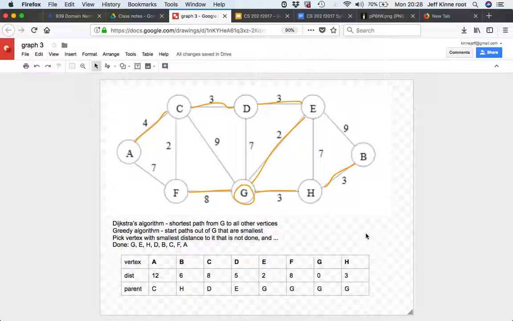So the shortest path to A from G goes like this. Shortest path from G to B goes like this.